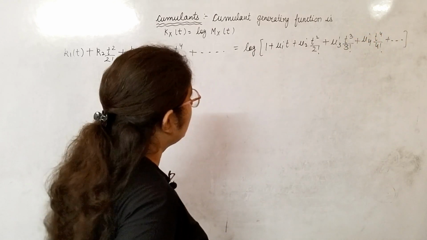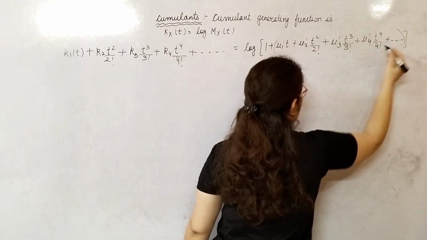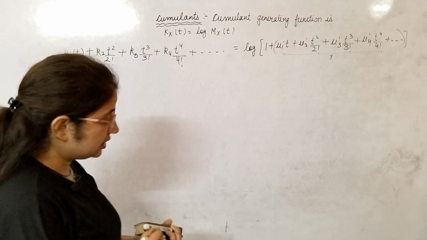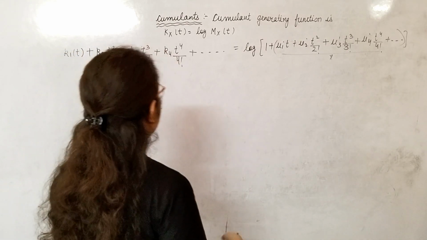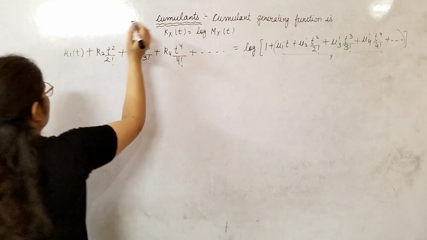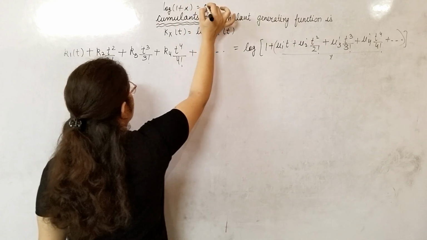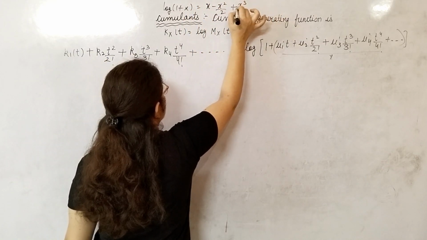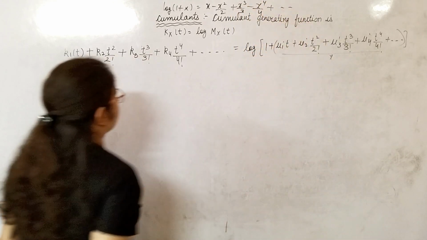This is your function. Now assuming the 1 as 1 and this complete second portion as x, I will use this formula. Which formula? Log of 1 plus x is equal to x minus x square by 2 plus x cube by 3 minus x to the power 4 by 4 and so on.